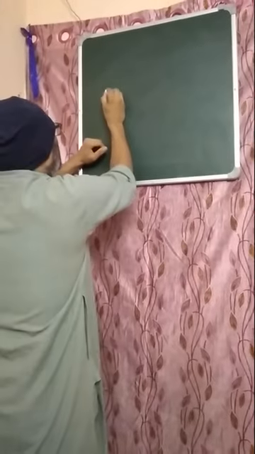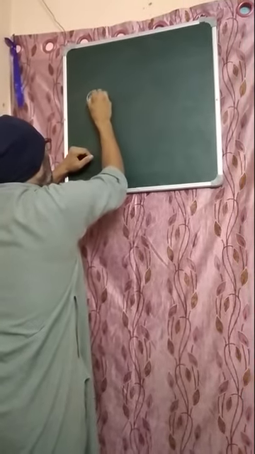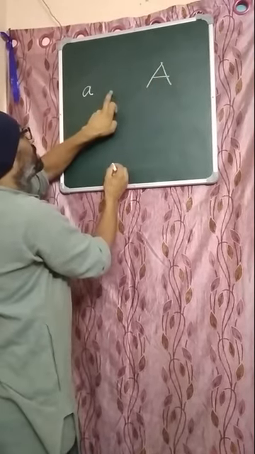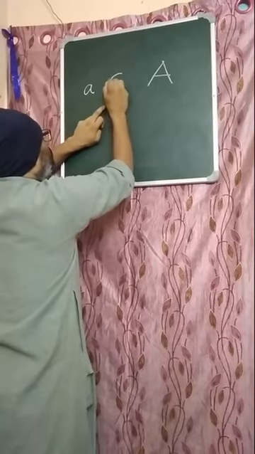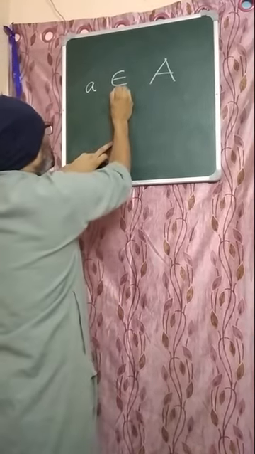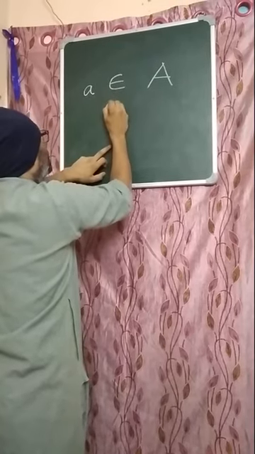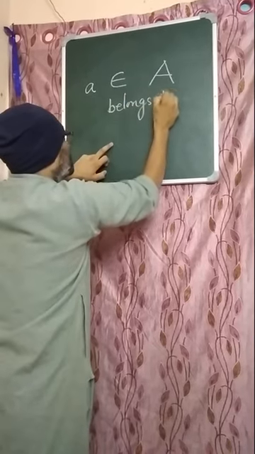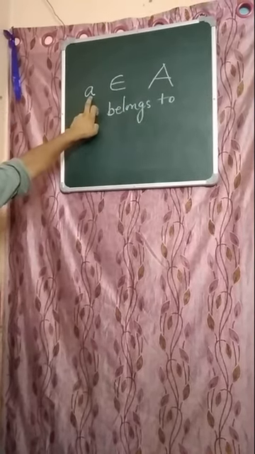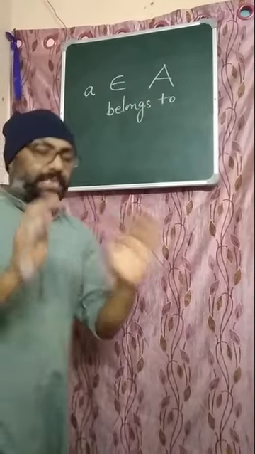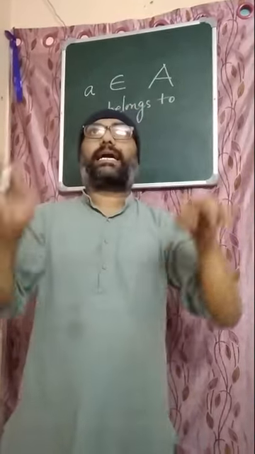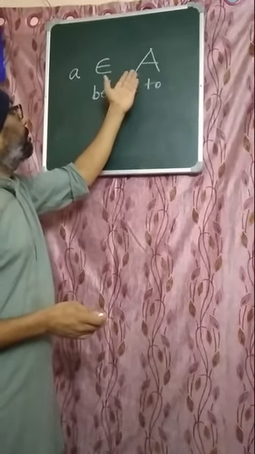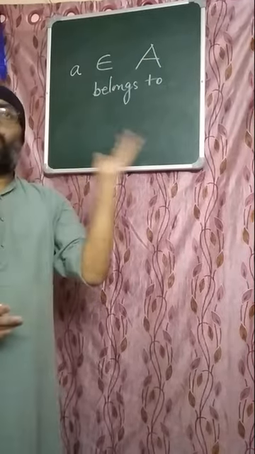Now, if an element a belongs to the set A, then we write this statement in symbolic form as a ∈ A. This symbol is read as belongs to. Generally we name the whole entire collection, that is set, by capital Roman letters.